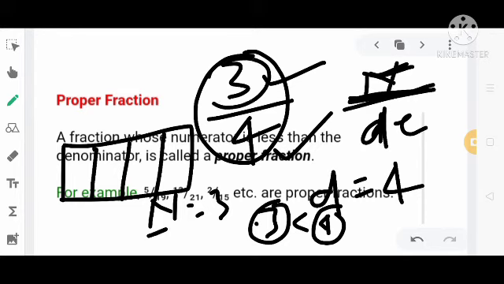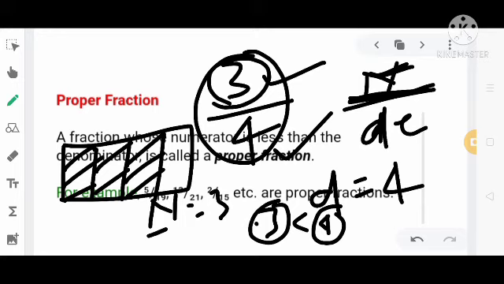And what does the numerator represent? What we want to take. The numerator is 3, so 3 represents this shaded area. This fraction represents 3 by 4. Understand? This is valid because you can take 3 out of 4.